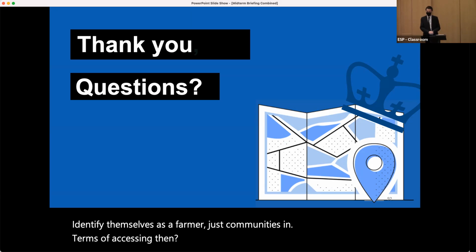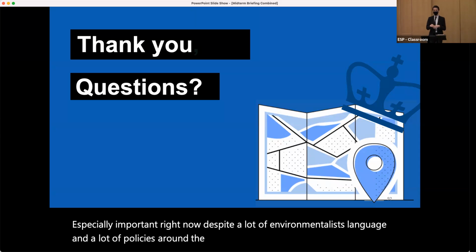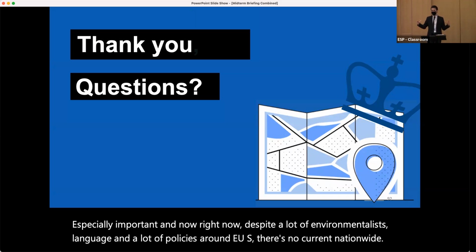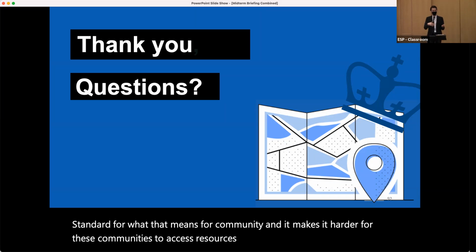Are you redefining the definition of impact? What are the boundaries of impact within the region? Or are you already following the existing standard? Right, so this bill is especially important in that right now, despite a lot of environmental justice language and a lot of policies around the US, there's no current nationwide standard for what that means for a community, and it makes it harder for these communities to access resources even when they're set aside specifically for them.